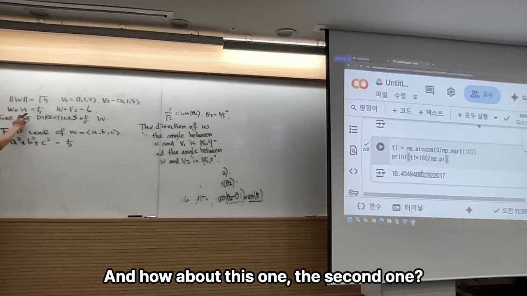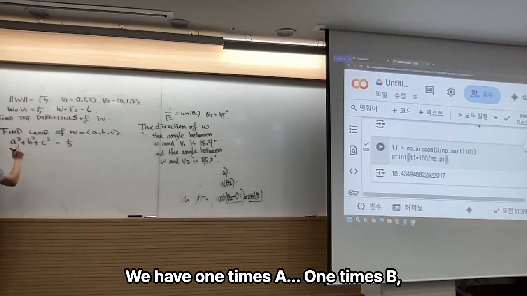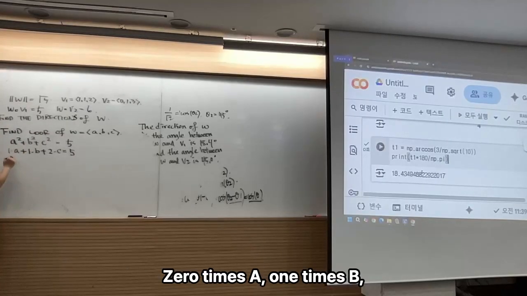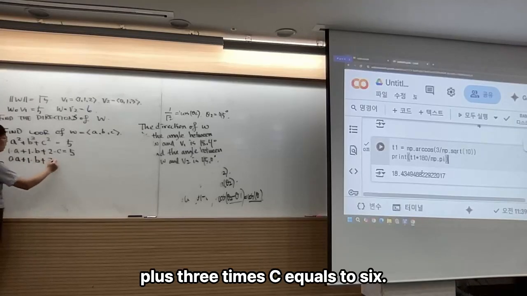And how about the second one? We have 1 times A, 1 times B, plus 2 times C equals 5, right? And how about the other? 0 times A, 1 times B, plus 3 times C equals 6.